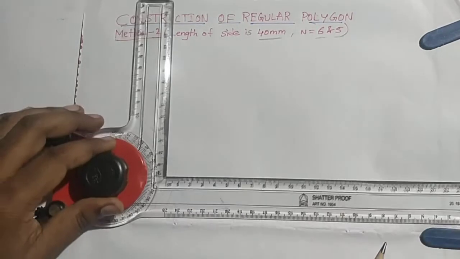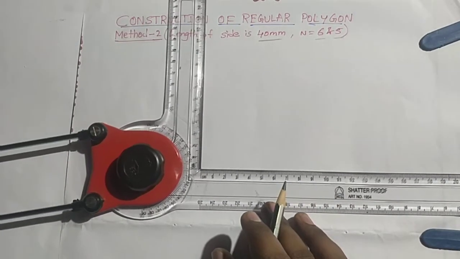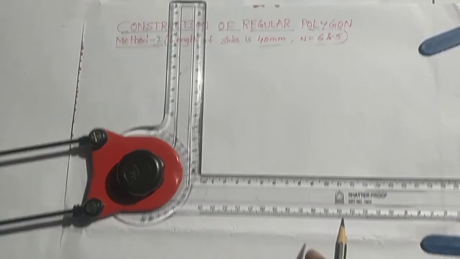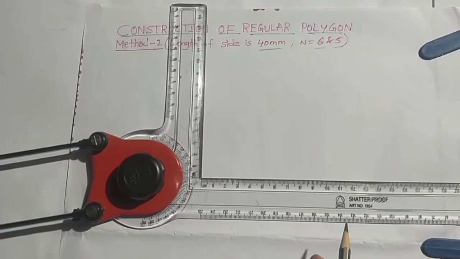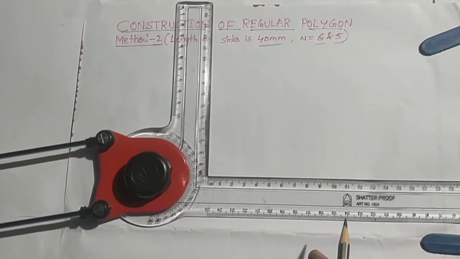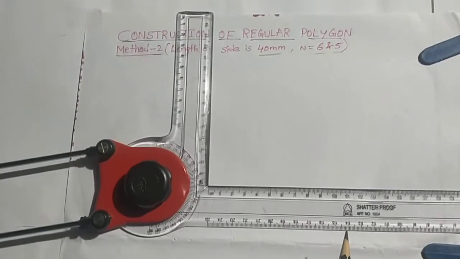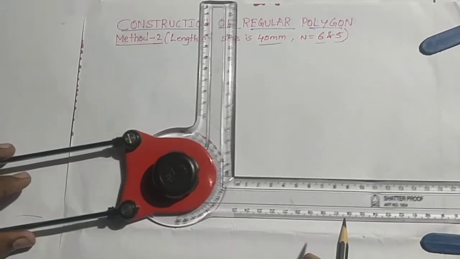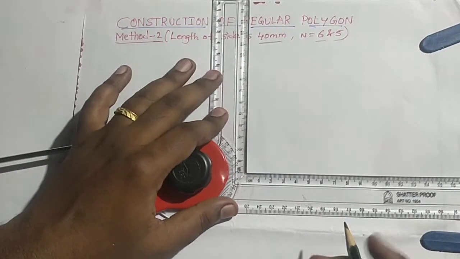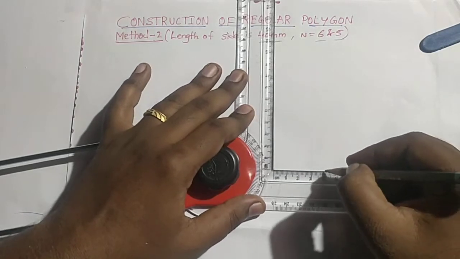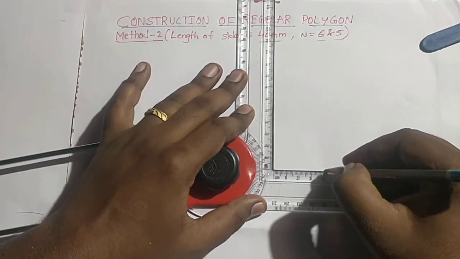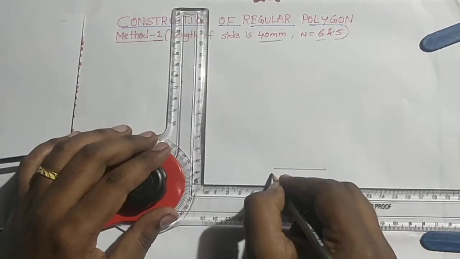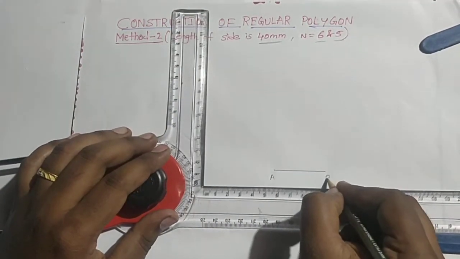First, whatever procedure we used in method 1, up to drawing the radial lines, the same procedure we are using here. First, draw the given side length. Name it as AB.